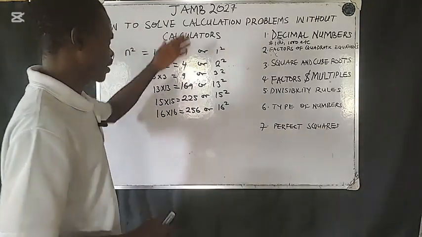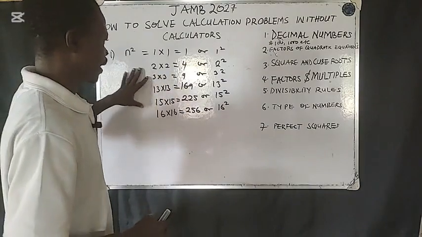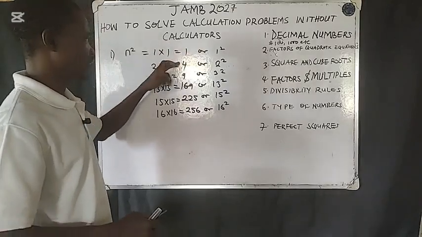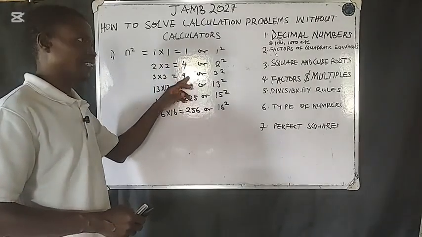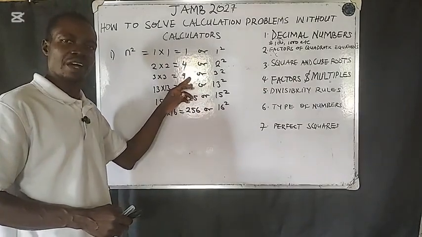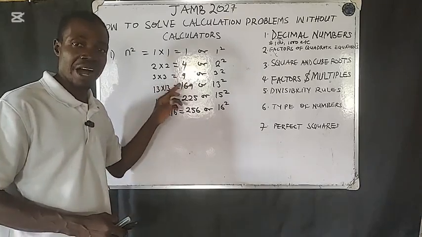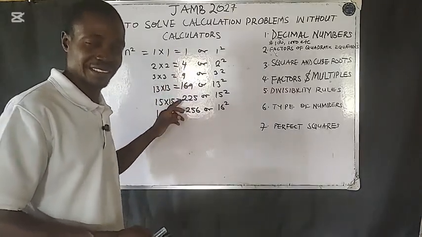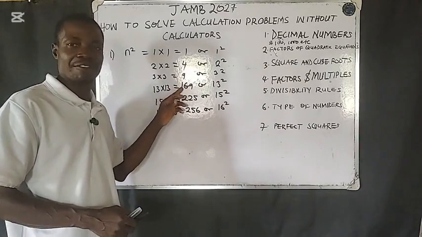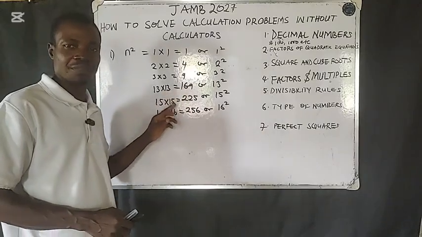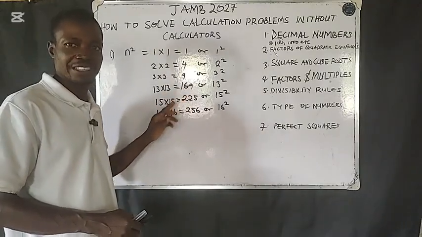Any number that can be written in this form can be regarded as a perfect square. So 1 is a perfect square, 4 it is, 9, 16. After 16 you have what? After 16 you have 25, right? After 25 you have 36. After 36 you have 49. After 49 you have 64. After 64 you have 81.